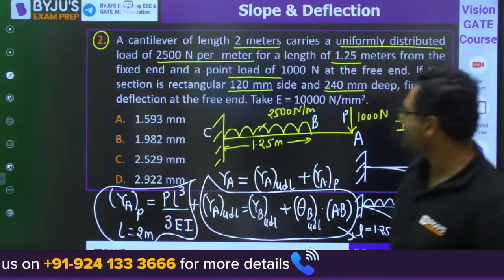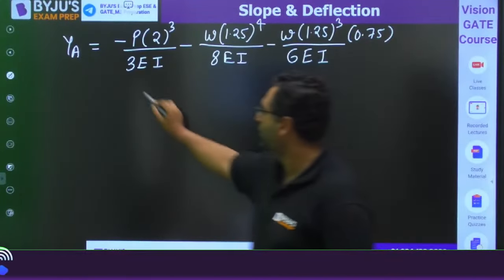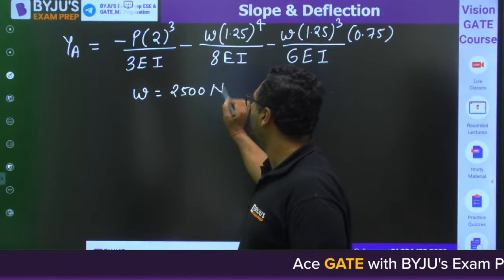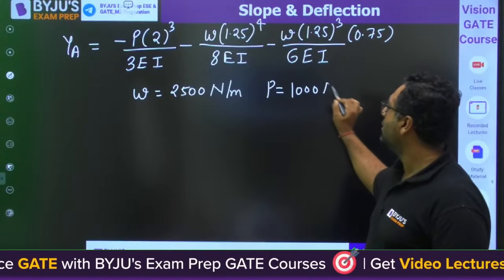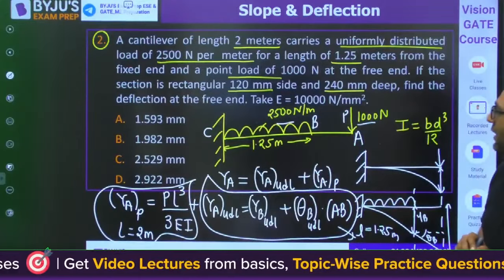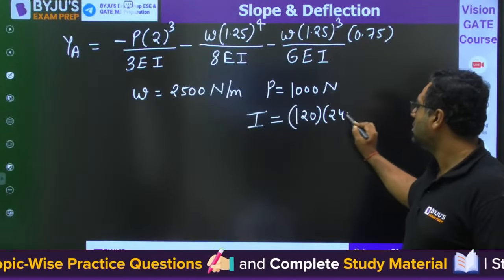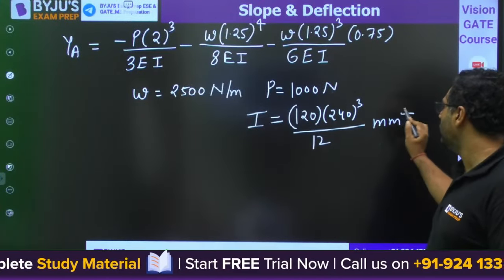Here W is 2500, P is 1000. I is BD cube by 12. All calculations are in front of you.